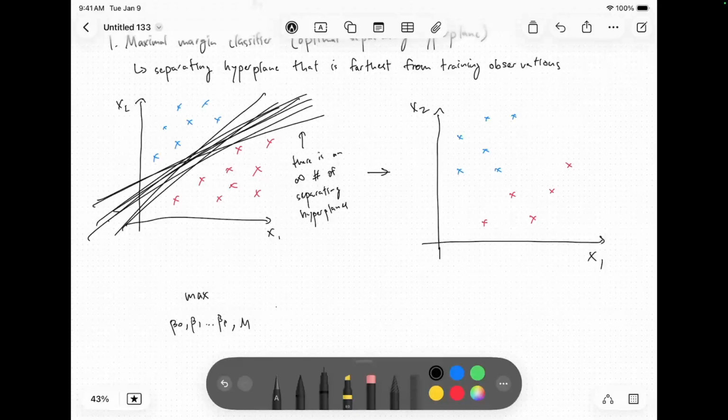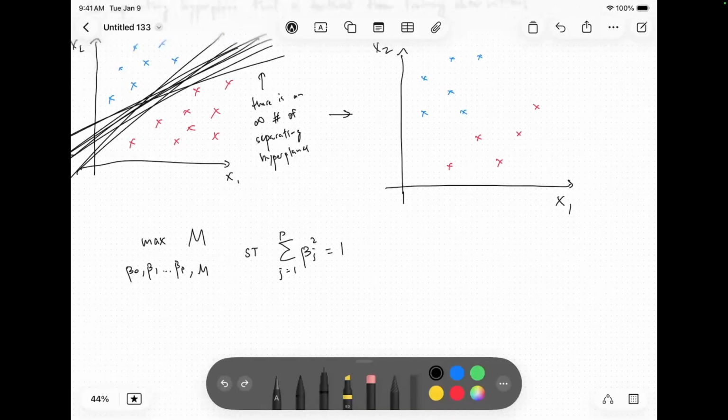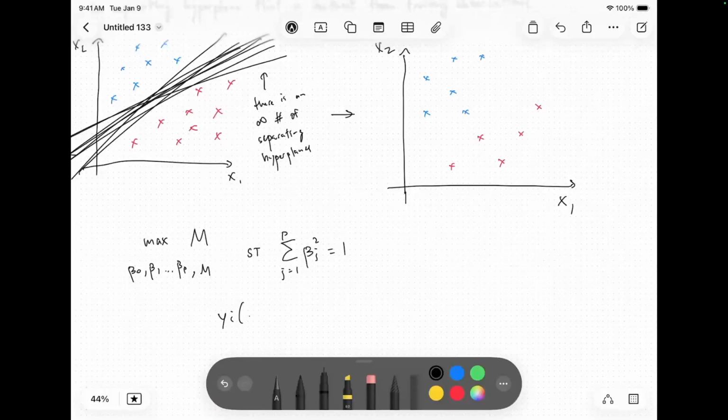So maximize m such that the sum over j equals 1 to p of beta j squared equals 1, where yi times (beta 0 plus beta 1 xi1 plus beta 2 xi2) is greater than or equal to m for all i equals 1 through n.